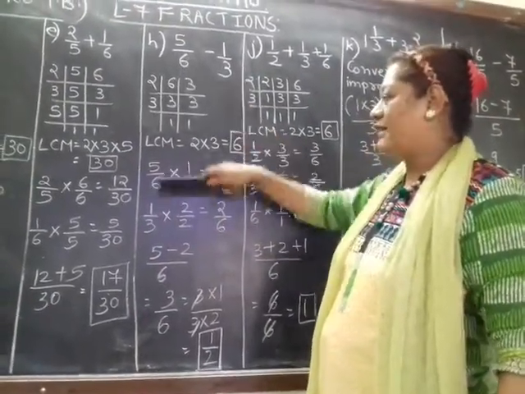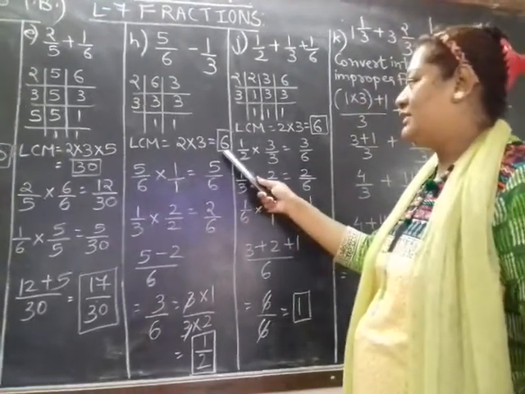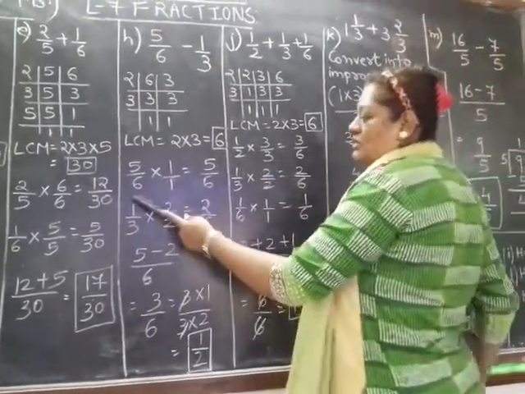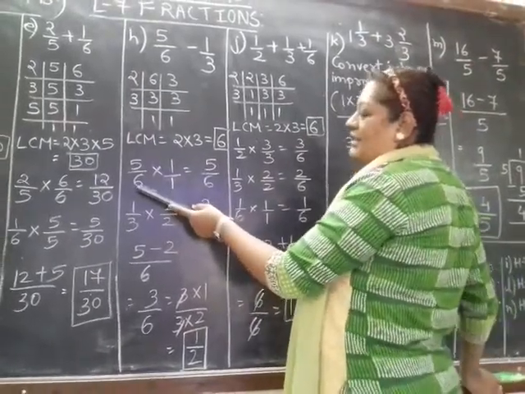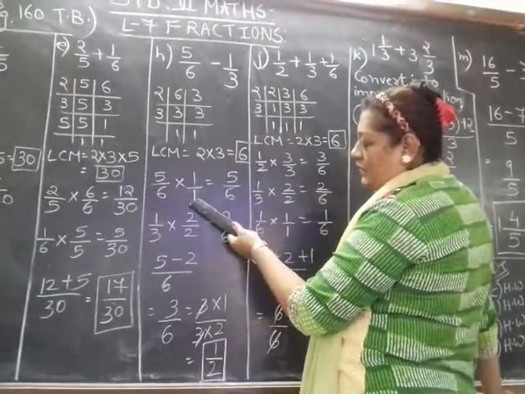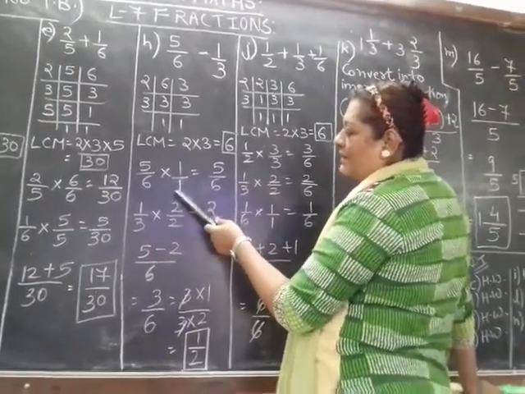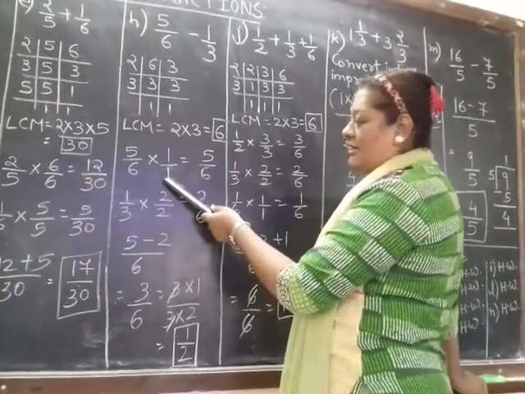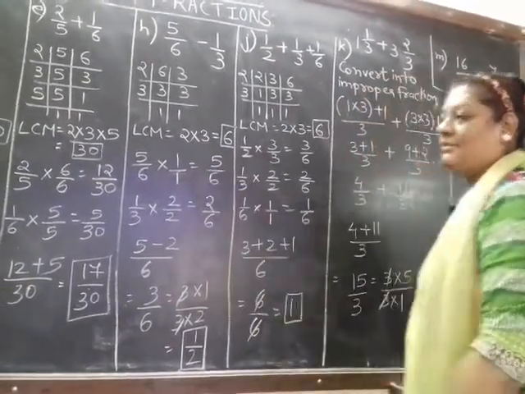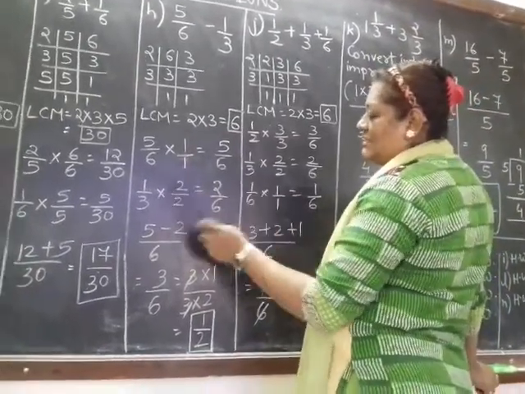Now convert this whole fraction into a new fraction with the new denominator 6. So 6 1s are 6, see here already there is 6. So which number will I multiply to get my new denominator? 1. So 1 in the numerator. Whenever you multiply any number in the denominator, you have to multiply the same number in the numerator. So 5 1s are 5, 6 1s are 6.